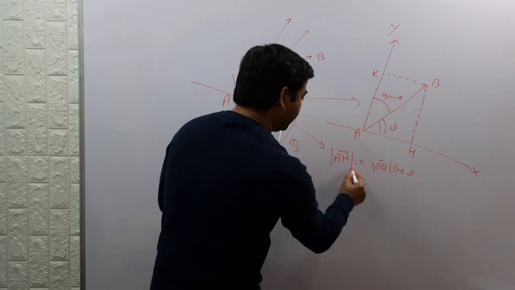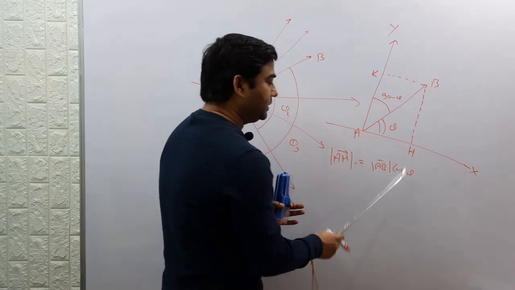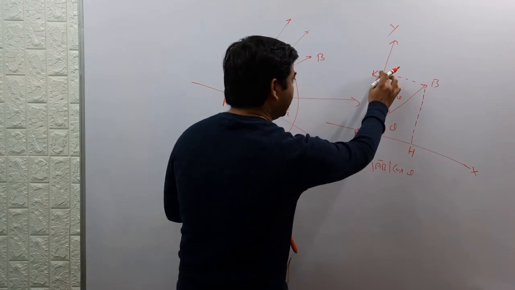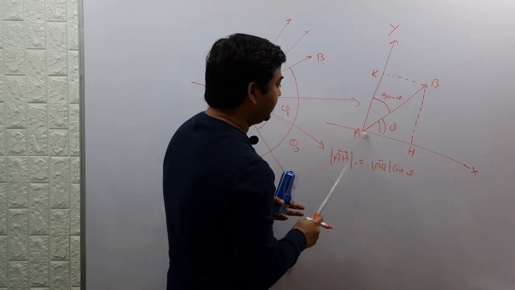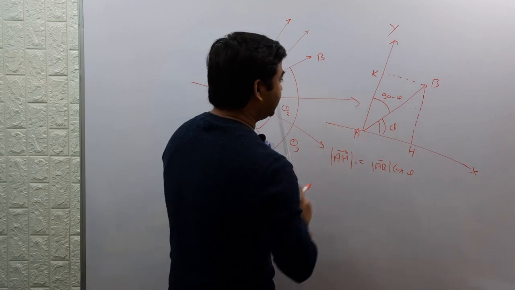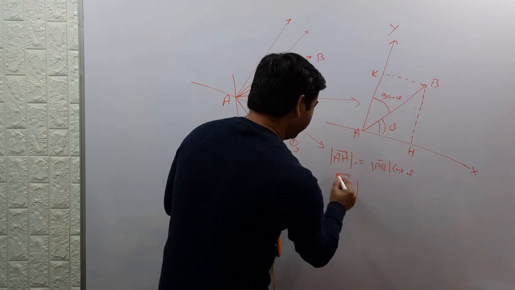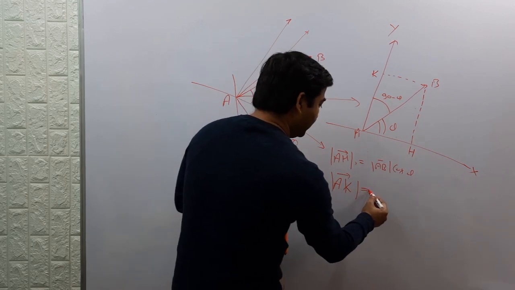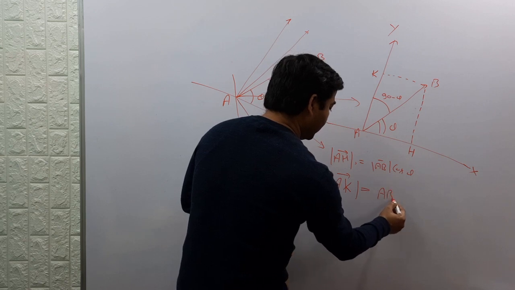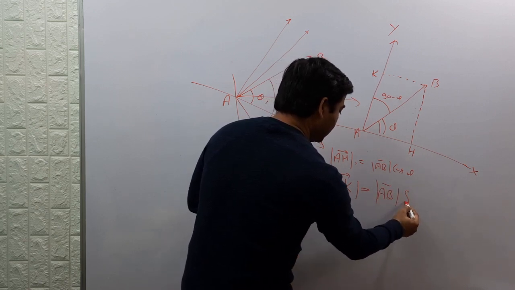Mod of this vector will be equal to mod of AB into cos theta, and mod of another vector perpendicular in this direction, that is AY, AK, we will see AK will be mod of AB sin theta.